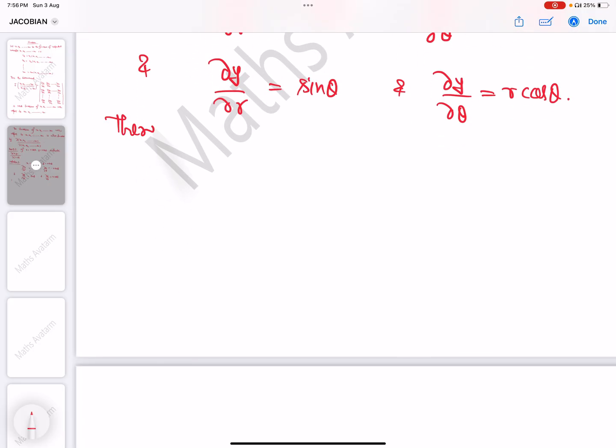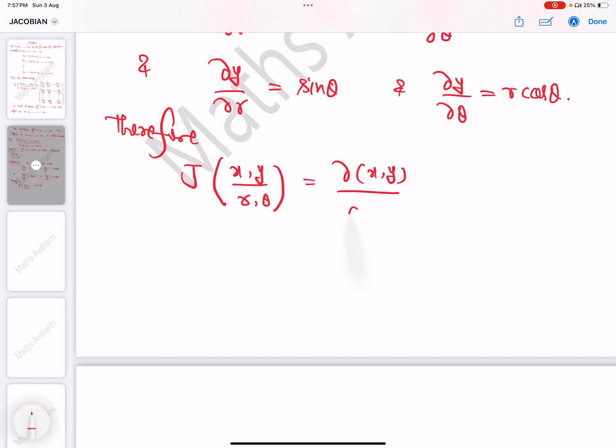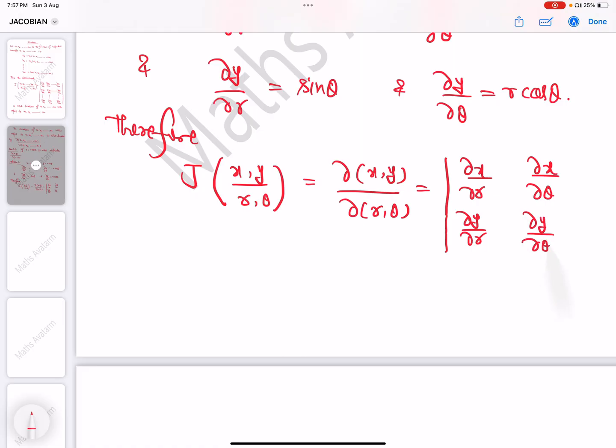Therefore, what is Jacobian? Jacobian of (x, y) with respect to (r, theta) is equal to del(x, y) upon del(r, theta), nothing but the determinant of del x upon del r, del x upon del theta, del y upon del r, del y upon del theta.